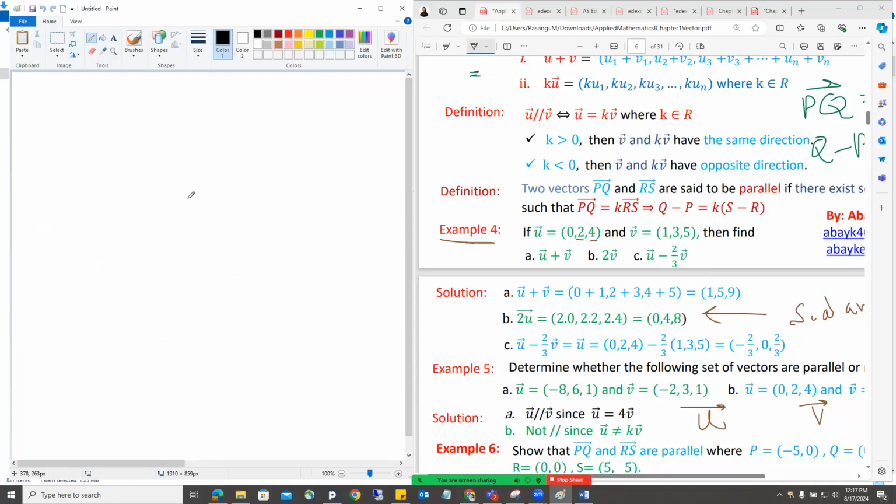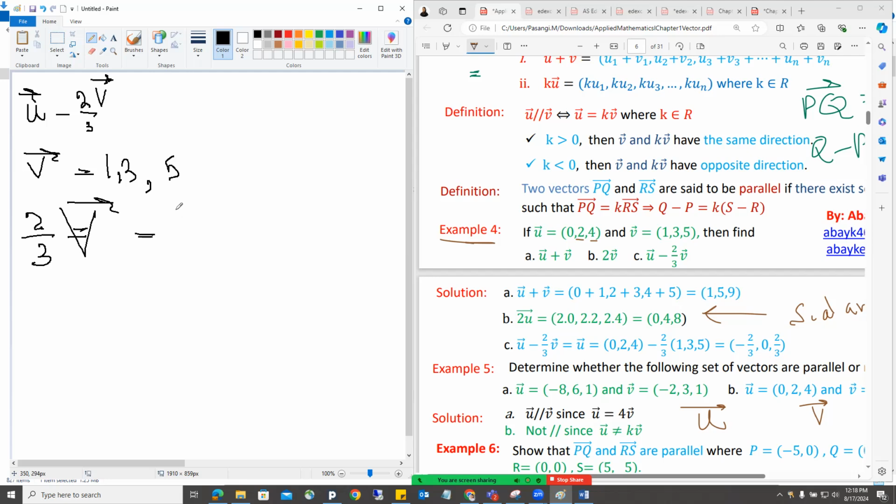So if we have u minus 2 over 3v, we have this u directly, but for the 2 over 3 vector, vector v is 1, 3, 5. 2 over 3 vector v means 2 over 3 times the vector 1, 3, 5.